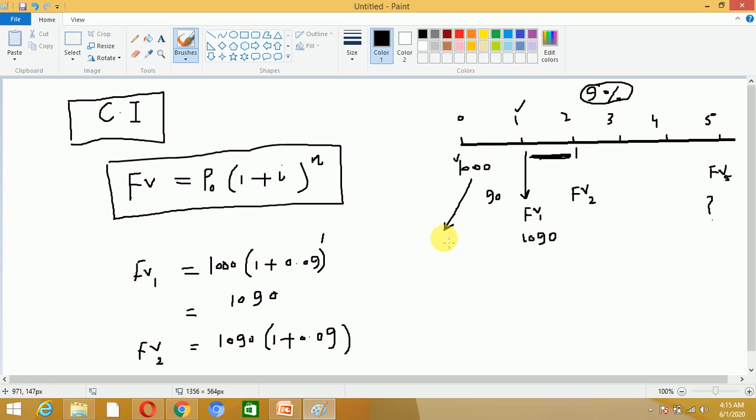First we calculated from 0 to 1, now we are calculating from 1 to 2. There is only 1 year, so the number of years is 1. Now I will calculate it.